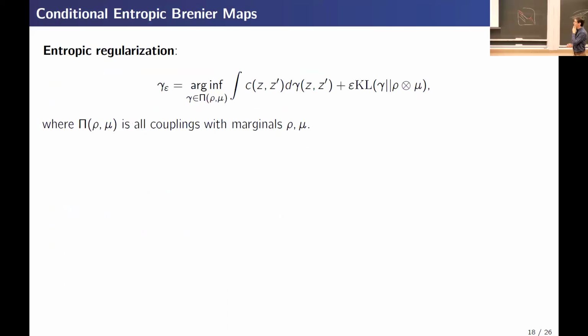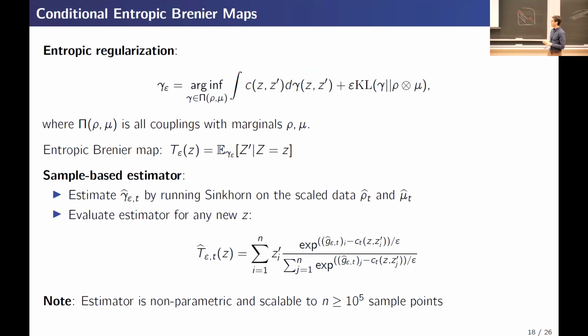So just to provide some notation, we're going to solve the entropic problem where we have this standard OT problem plus the entropic penalty scaled by epsilon. And once we solve that problem, we'll take the conditional expectation of the resulting plan to get our entropic map.